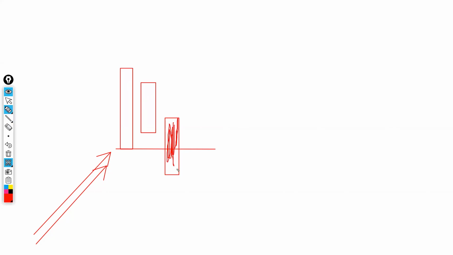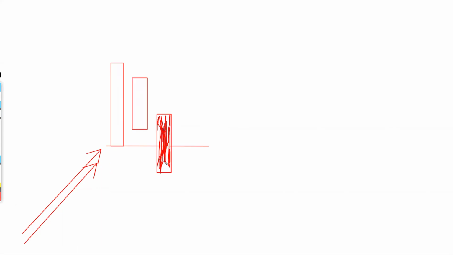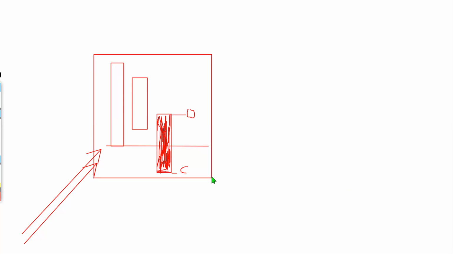Then you broke the support and closed below that support. This is the opening, while this is the close. So what actually formed right here is an indication that this trend is about to make a reversal to the downside, because it has closed below the extreme opening of this inside mother bar.